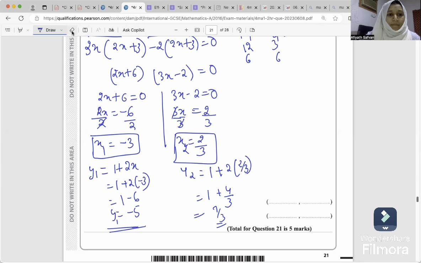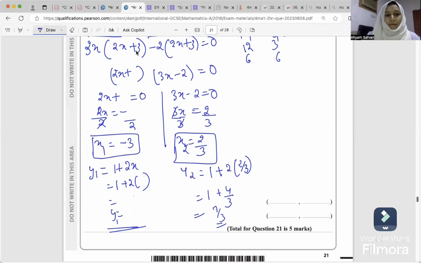Okay, very sorry. I have made a small mistake here. Instead of writing 2x plus 3, I have taken plus 6. So that's where I was going wrong. So I have to simplify the values.